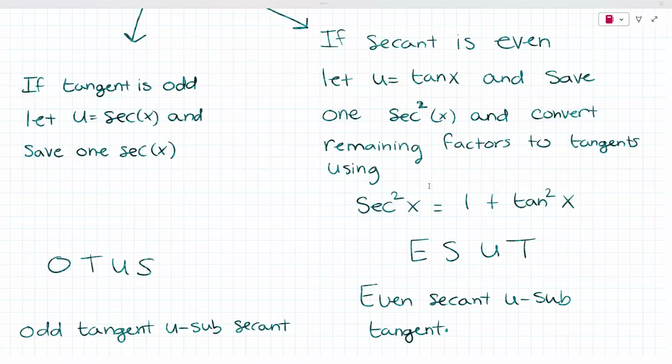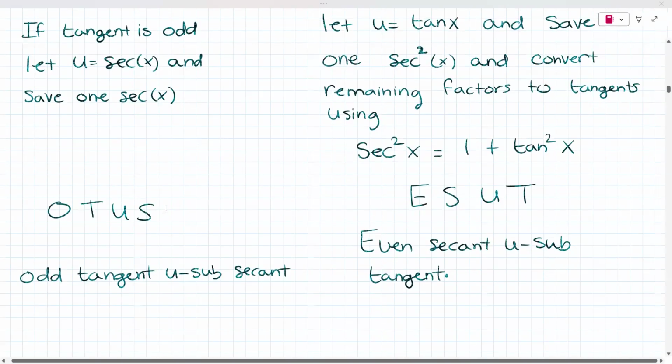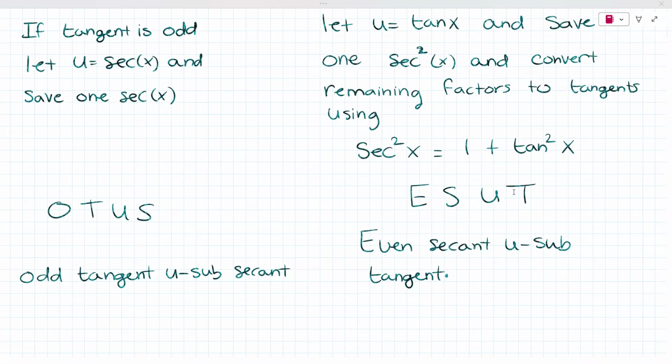And just like the sine and cosine, there is a riddle to remember this. There's something called O-test. So if you have an odd tangent, your u sub is secant. And then you have this E set. If you have an even secant, your u substitution would be tangent.